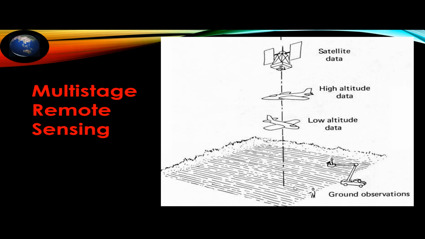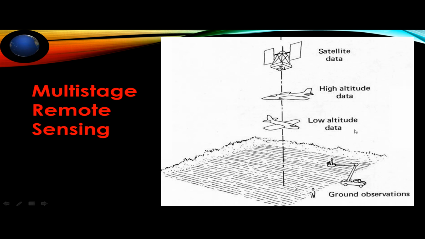As you can see here, as I have told, satellite data can be taken here. There is multi-stage remote sensing, means people can do ground-based observation also. As you can see here, the man is on the crane, and it is showing the landscape.